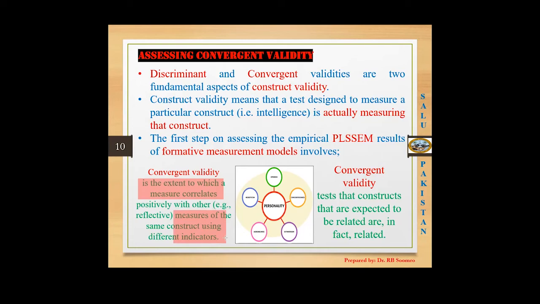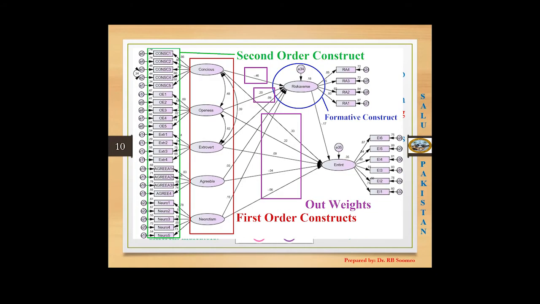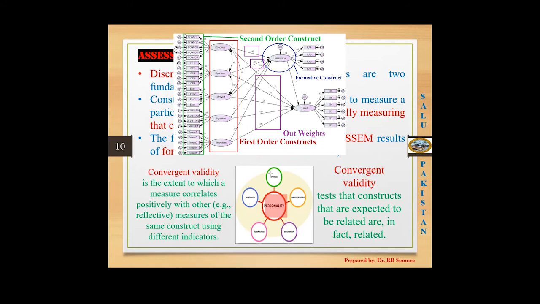Now, these are personality constructs, and these five are its first order constructs. Definitely, Openness has certain other indicators. Do you think there is a high correlation between this construct and any item of the second level construct? Then the convergent validity has not been established.